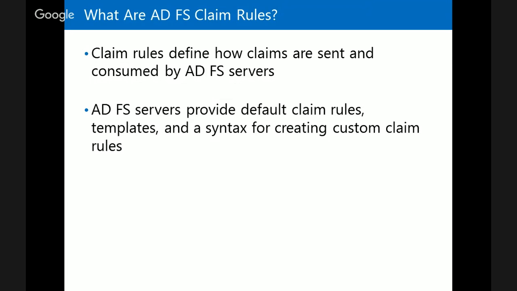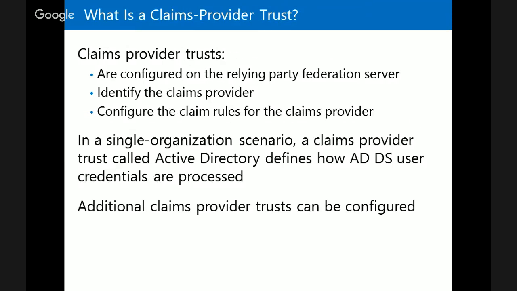All right, so let's get back on track. Claim provider trust is configured on the relying party federation server. This identifies the claim provider. Configure the claim rules for the claims provider as well.